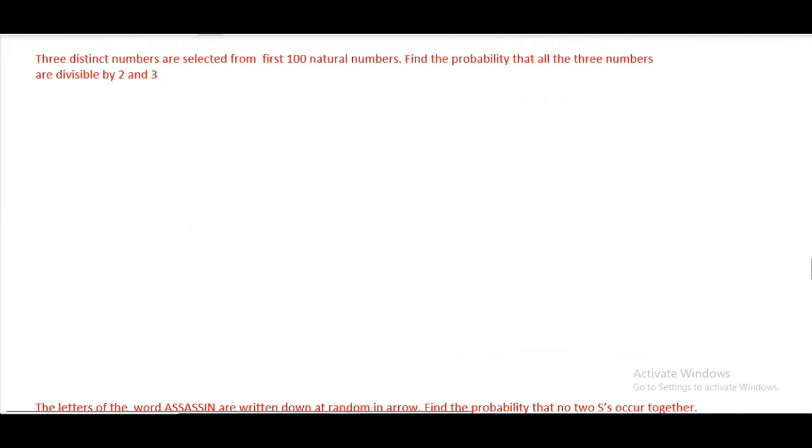So whichever three numbers we are selecting from the first 100 natural numbers, the three numbers should be divisible by 2 and 3. So first of all, total number of ways of selecting these three numbers.